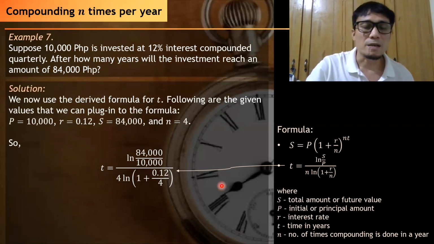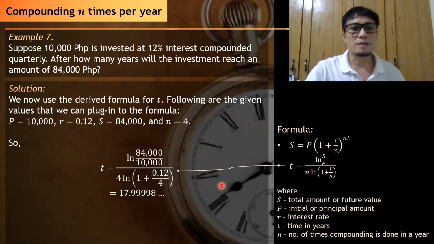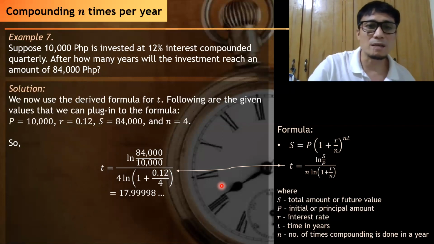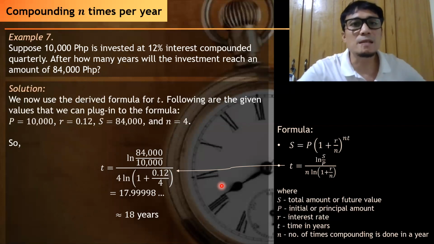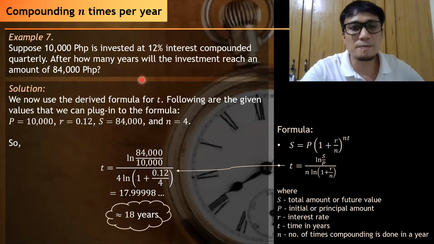Let's use our calculator for this, and we obtain 17.99998, or approximately 18 years. So it takes 18 years to reach the amount of 84,000 pesos from 10,000, when the rate of interest is 12% compounded quarterly.